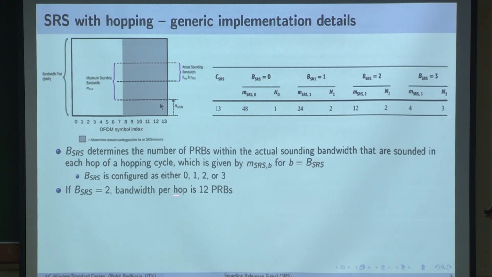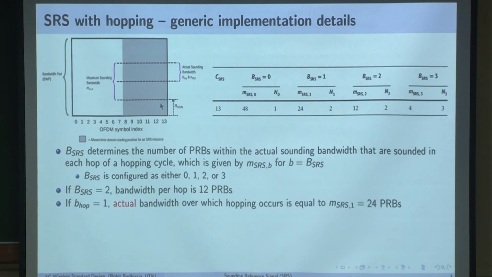Bandwidth per hop is 12 PRBs. Now, if B hop is 1, everything will come together. The actual bandwidth over which the hopping occurs is 24 PRBs.